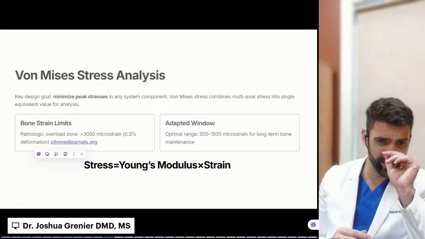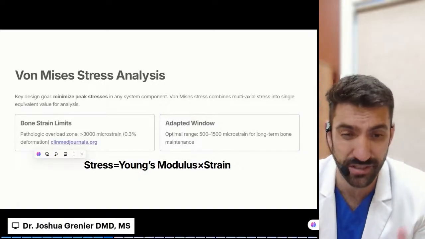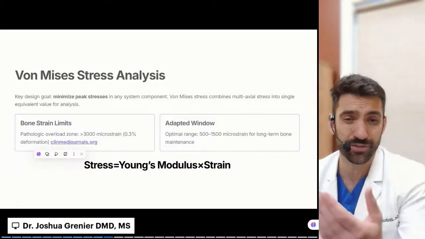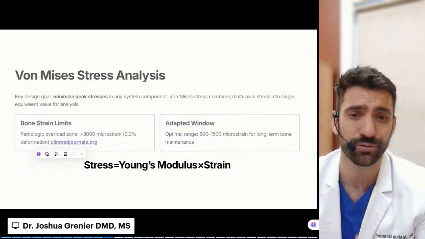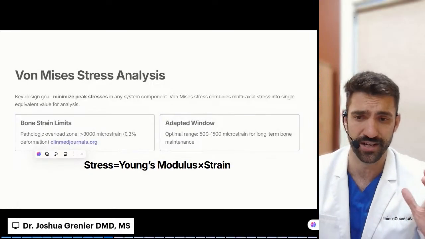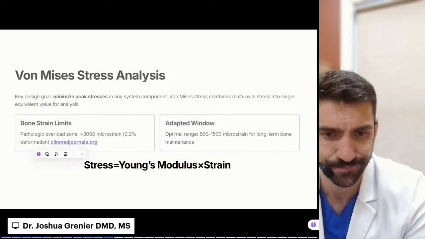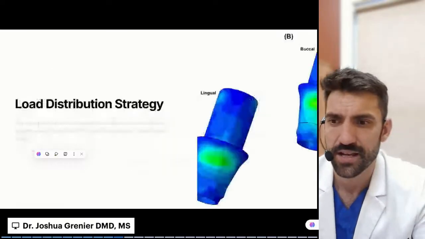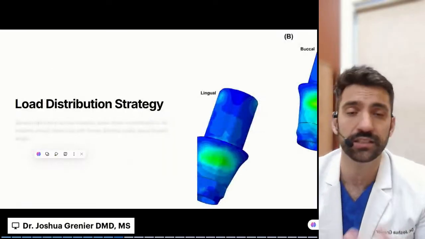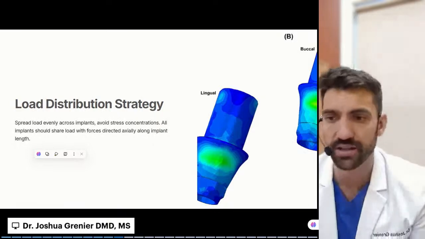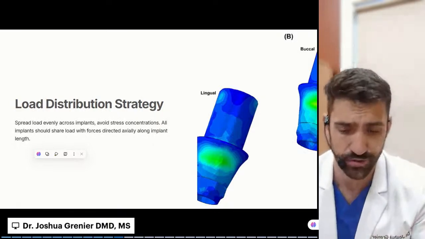So you're dealing with a completely different environment, which is why we try to offset this by placing larger implants with more surface area, because that's going to better distribute this stress. And again, the idea is to broadly distribute the load, so no one area is going to be overstressed.